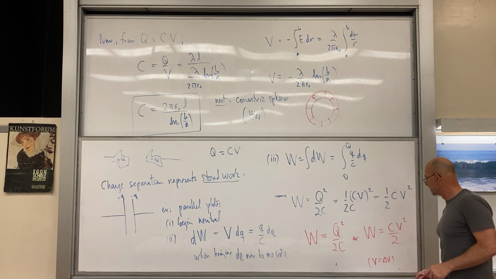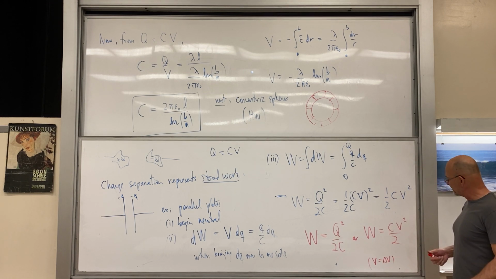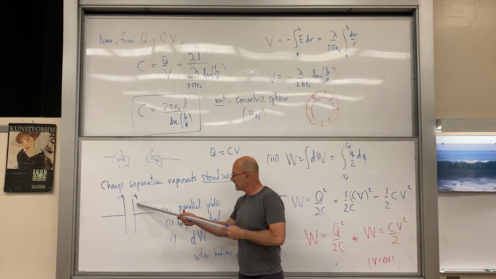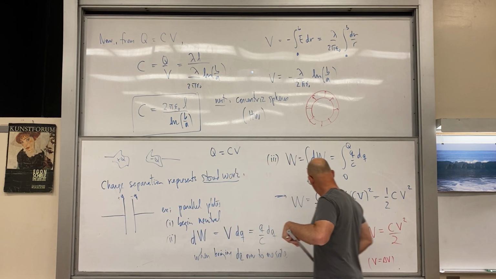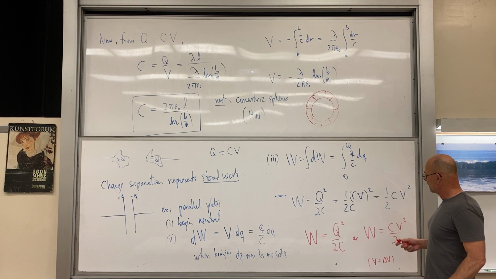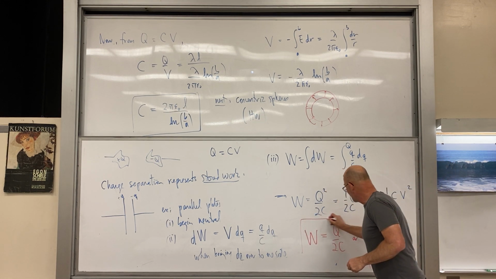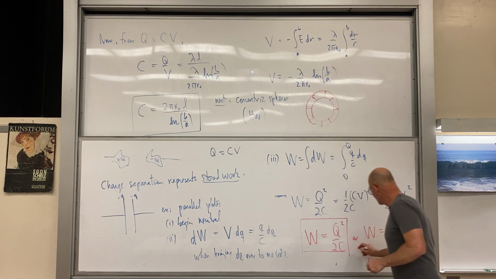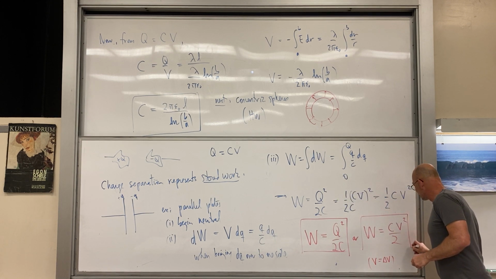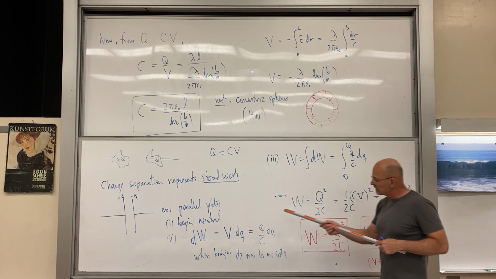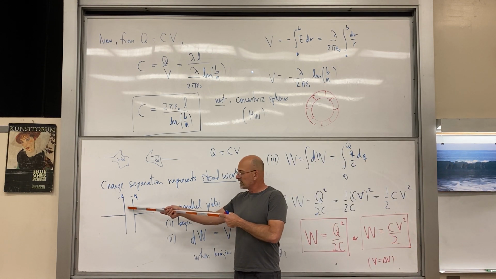Okay. That's the voltage difference. Sometimes we write delta V across there, or we just use V. Okay, so that's the energy stored in the capacitor. And by the way, this was not restricted to this configuration.